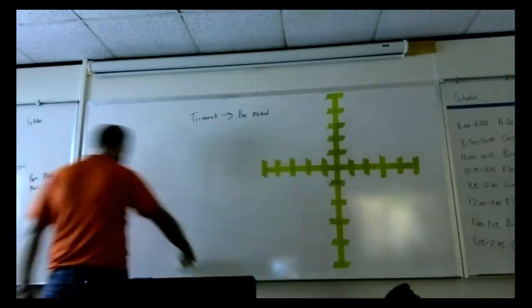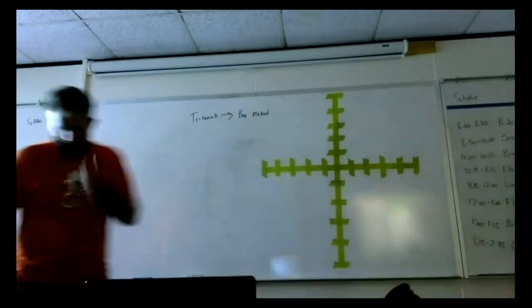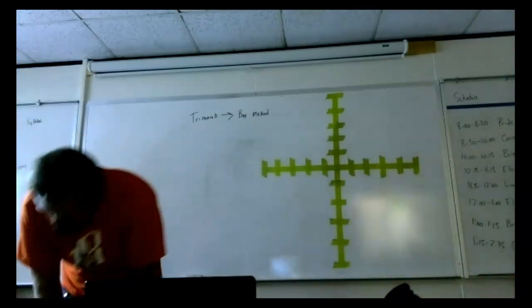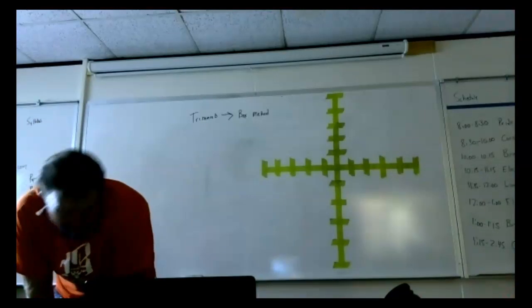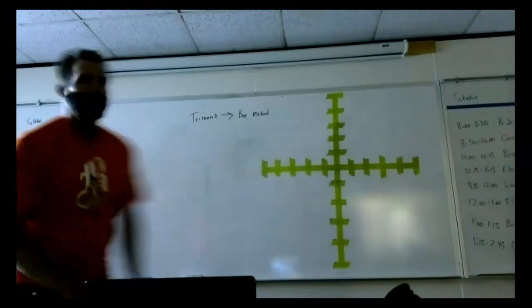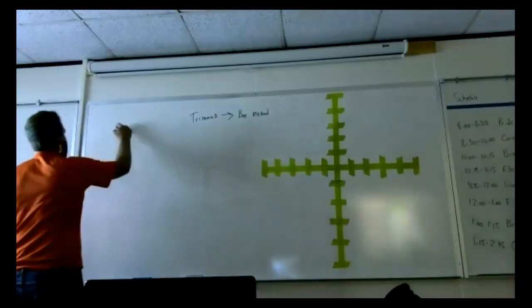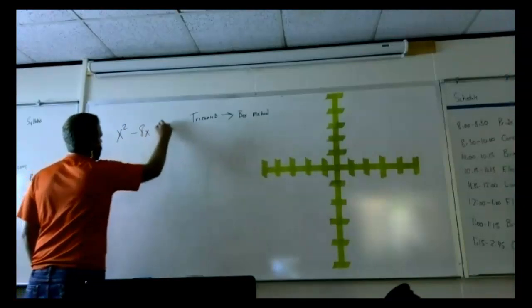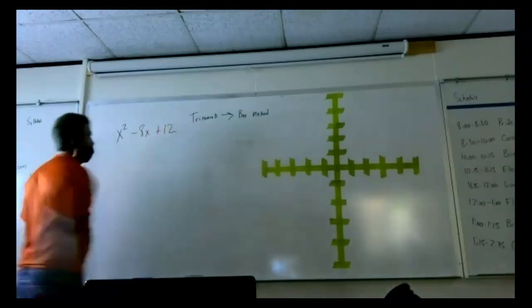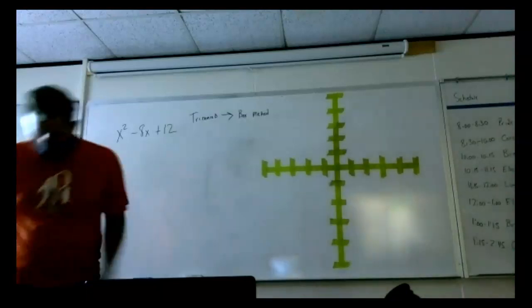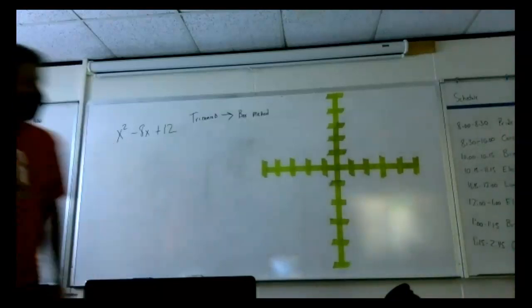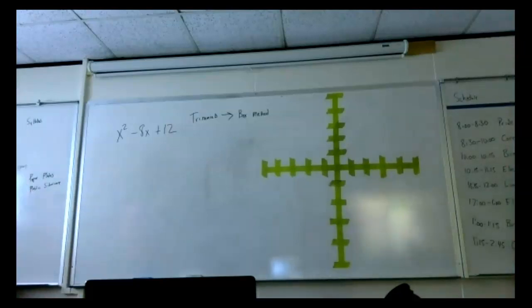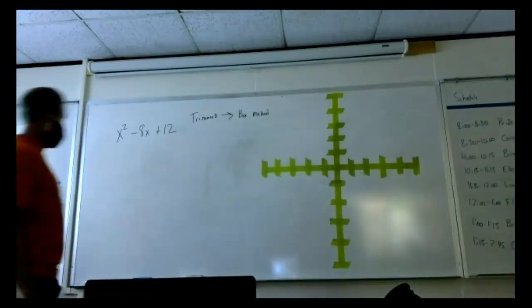Let's give myself plenty of room. So I'm going to try to blow this thing up. All right, so letter B, we're working with the equation x squared minus 8x plus 12. So the first two things I want to check is I want to make sure that there's no greatest common factor that I can factor out, and that my value for A is positive.